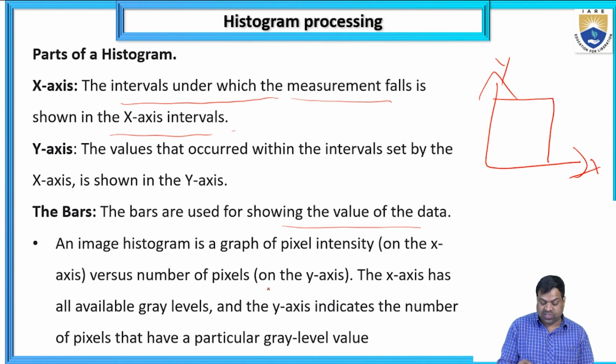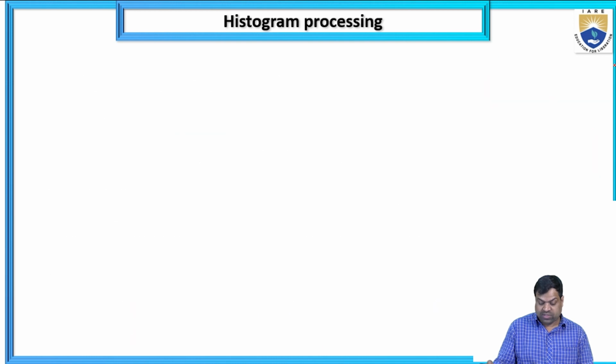The x-axis is in gray levels, and the y-axis indicates the number of pixels.